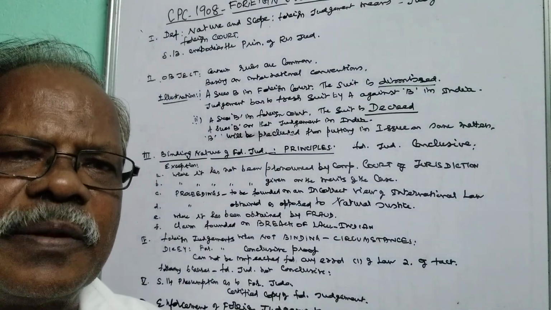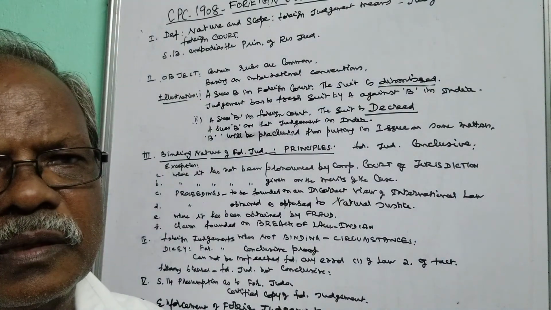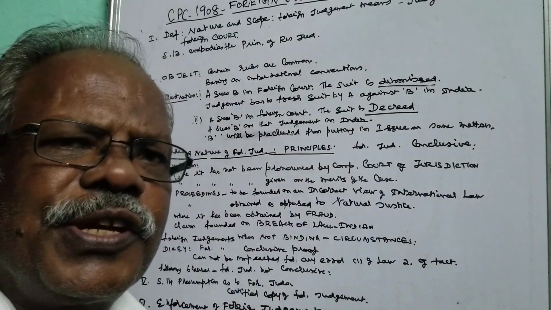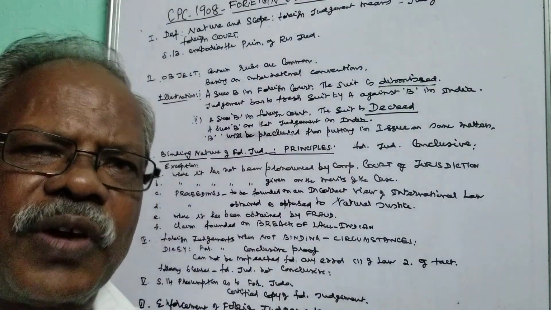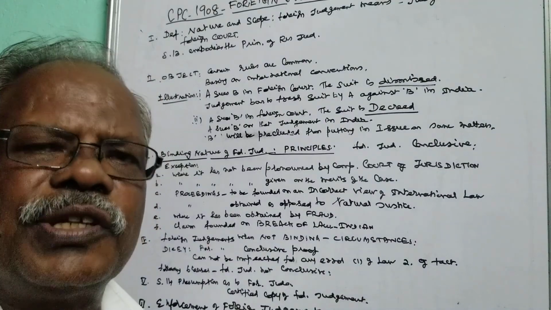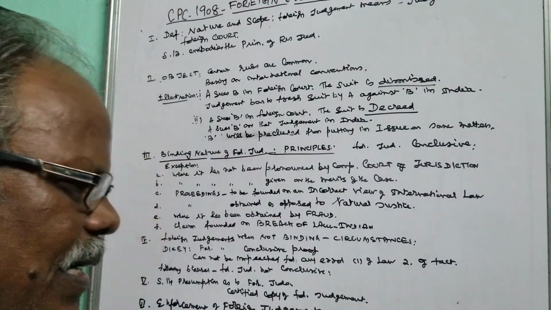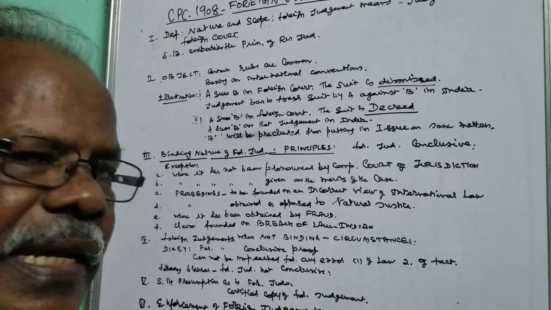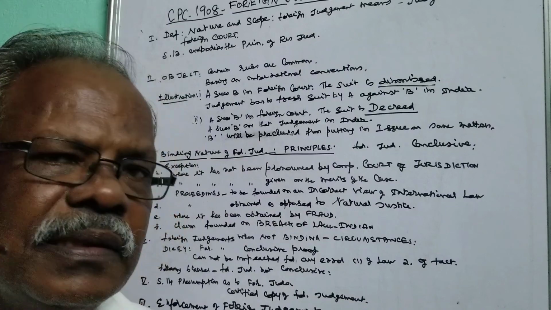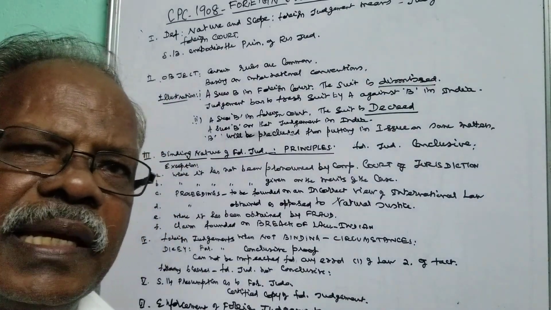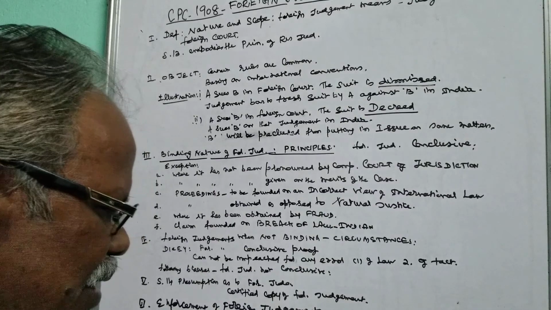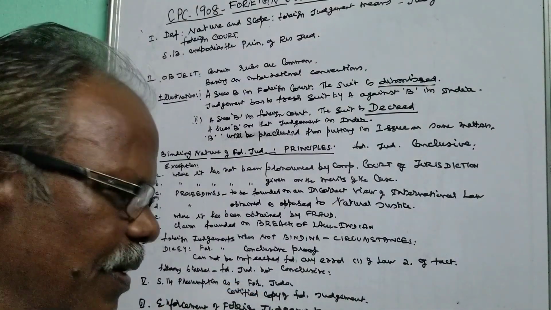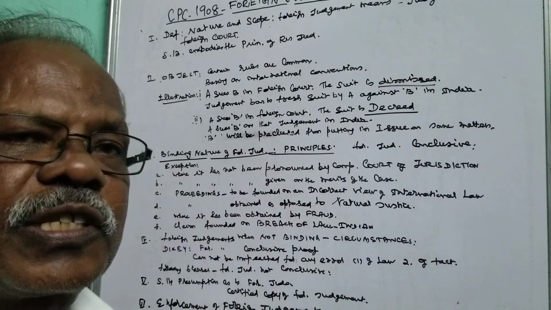For that a suit has to be instituted in India. And then the execution proceedings, following the suit, should also be there under section 44A. That is, the decree can be passed in India as if it has been passed by the district court. So these two things are necessary for the enforcement of foreign judgments.